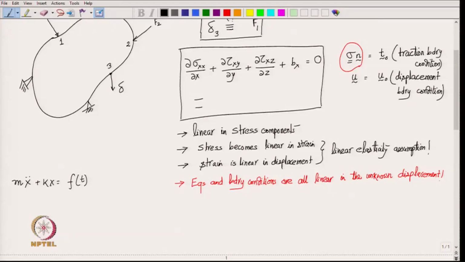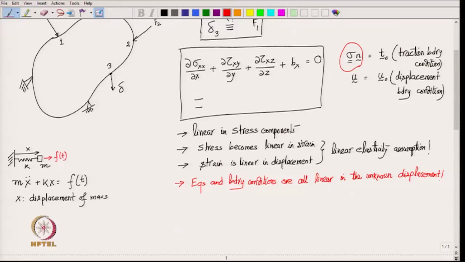Okay. You see that this equation is linear in the unknown x. So, x suppose is the displacement of the mass, so you have a spring and a mass is attached to one end. So, that is the mass, this is the spring constant k, and this is your x, f is the force applied here.